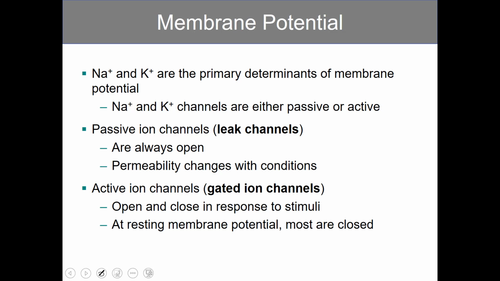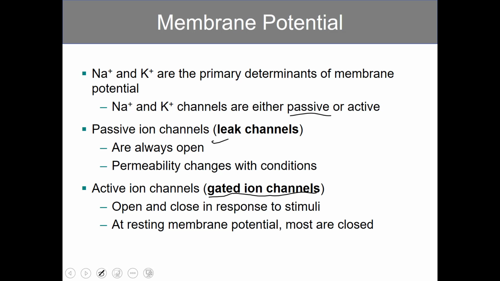And we saw that sodium-potassium channels can be passive, as in those leak channels, but they can also be active. So the passive ion channels are just leak channels. They're always open. They're always leaking their ions, while the active ion channels are not passive, but they actually require some type of stimulus.